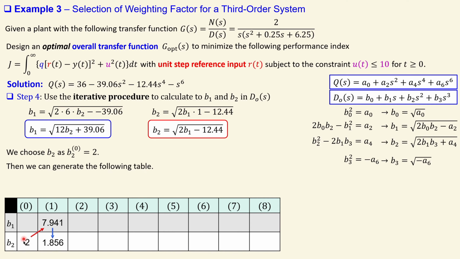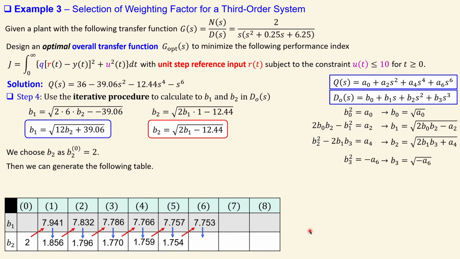This actually means that this choice of 2 was pretty close to what I should have as the exact or true solution. Now I will use this value in here and move on to calculate B1. It will then be 7.832. Again, use this value and go in here, and it will be 1.796, and we move on in the same fashion.